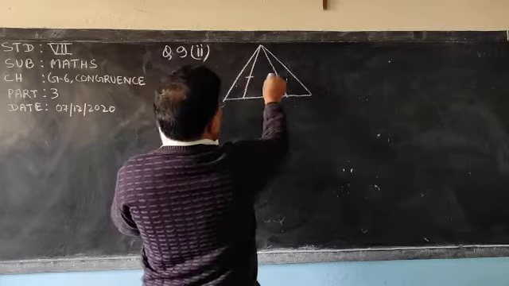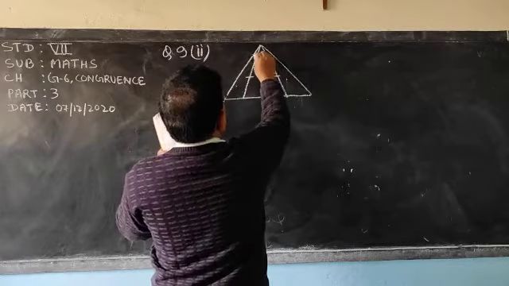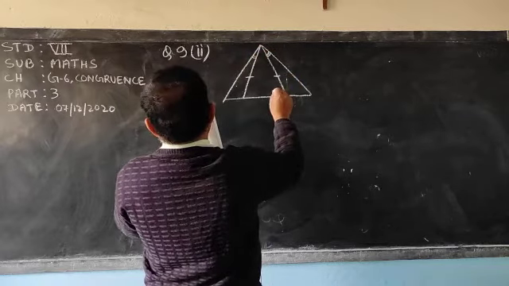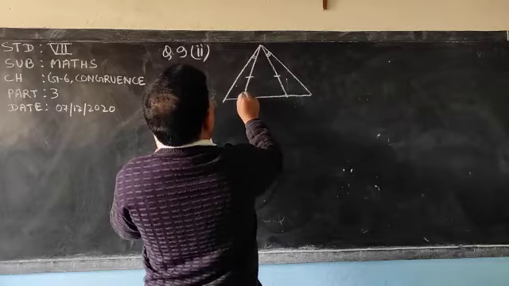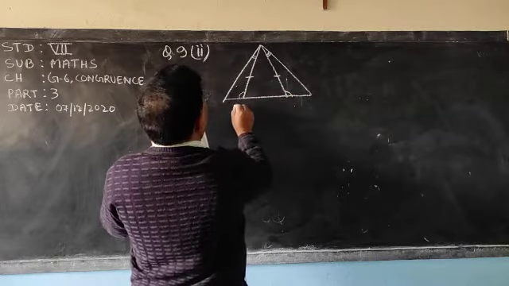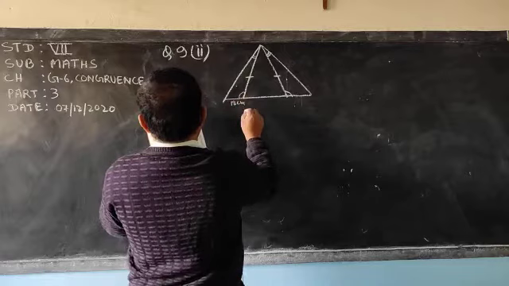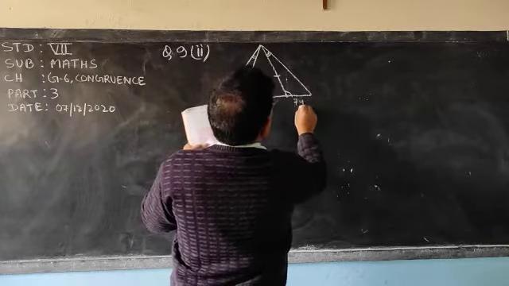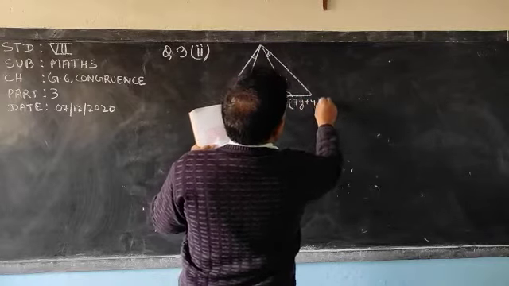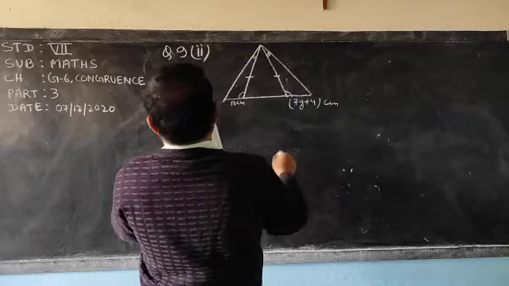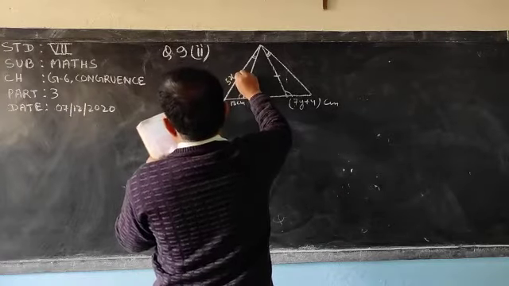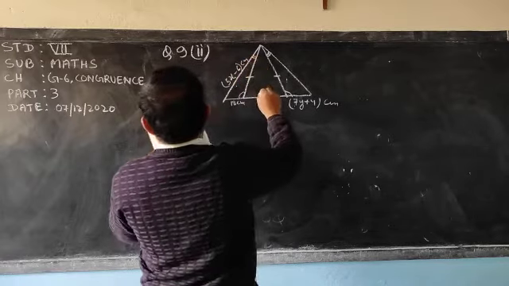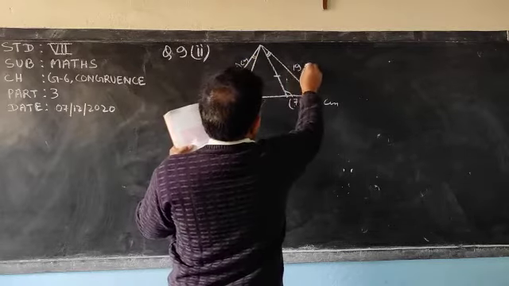This one is equal to this one. This angle, this side is equal to this side, this angle. And here an angle sign is given. It is 18 centimeter, and this is 7y plus 4 centimeter. This is 5x minus 6 centimeter, and this is 19 centimeter.